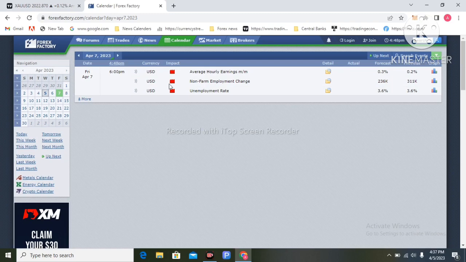That's my first thinking. The next one is the actual figure below 236k. Below 236k is also a negative effect for the US dollar, and the gold uptrend will continue. Gold will be in demand again.